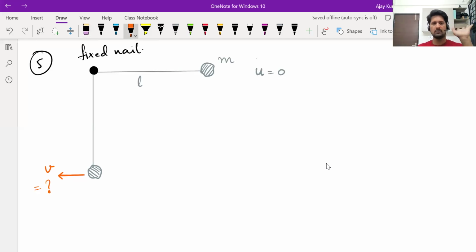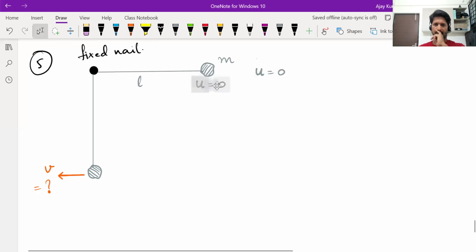Okay, think of how to solve this. Length of the string is given to you, mass of the stone is given to you. Mass is not necessary, actually, it'll get cancelled. And you know gravity. So think of how to solve this problem. Any ideas?